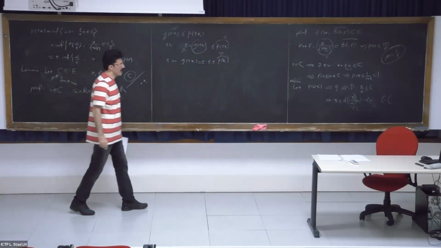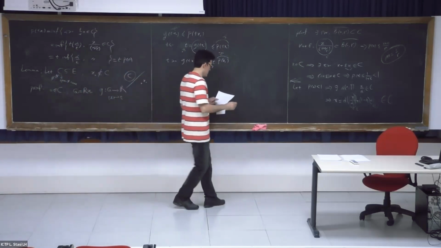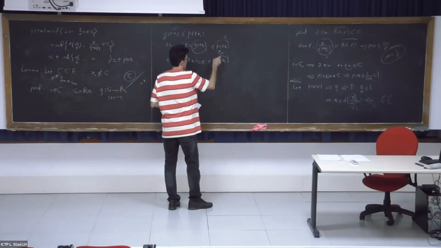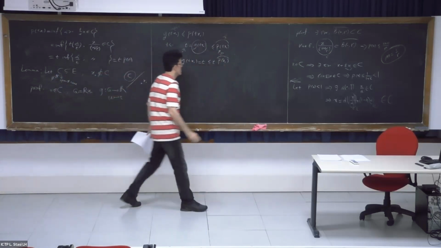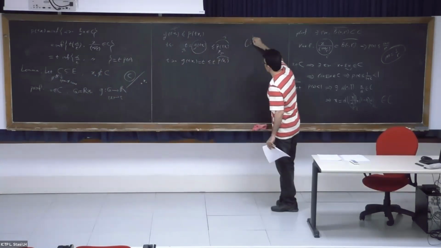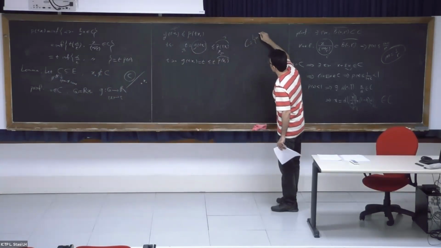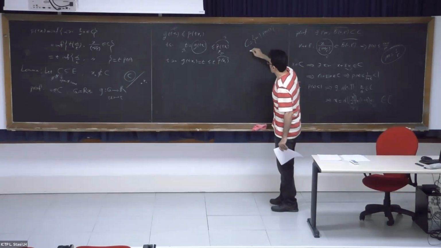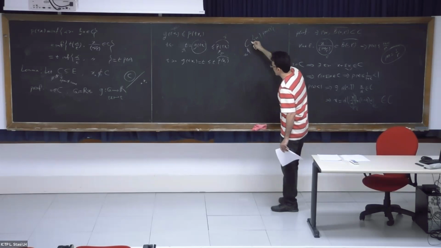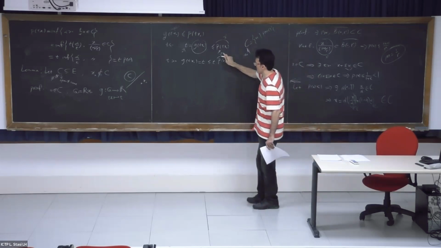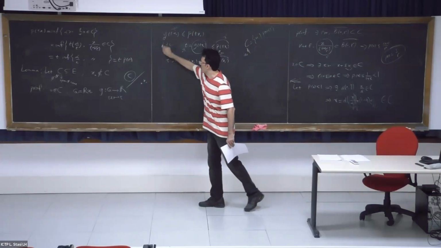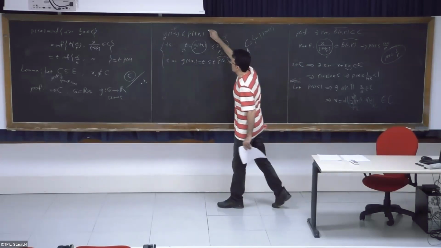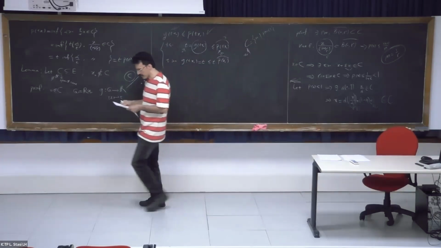Because p here is a gauge function and p of x0 is greater than or equal to 1 because x0 is not in C. C is the set of x such that p of x is less than 1, and x0 is not an element here. So it is greater than 1. And so we have this inequality for this case.